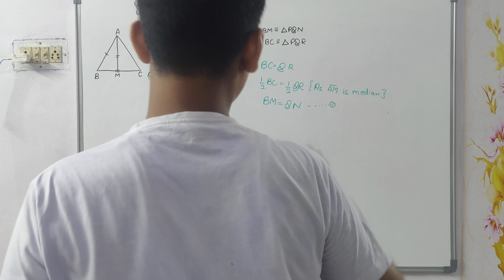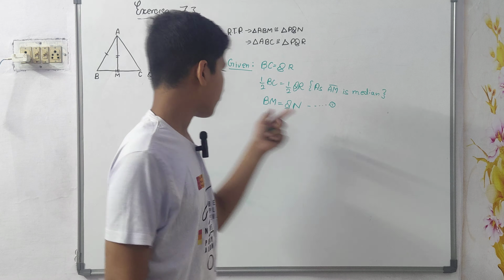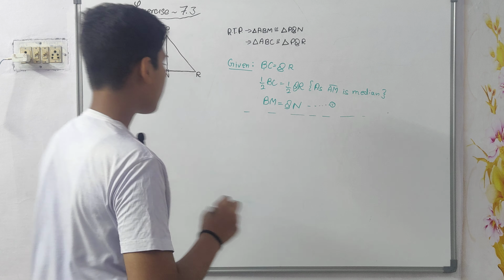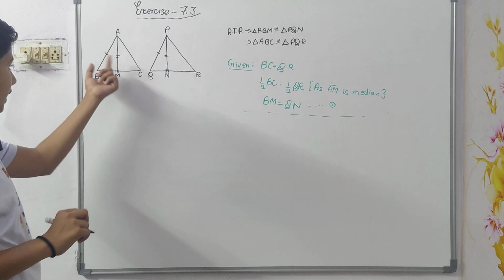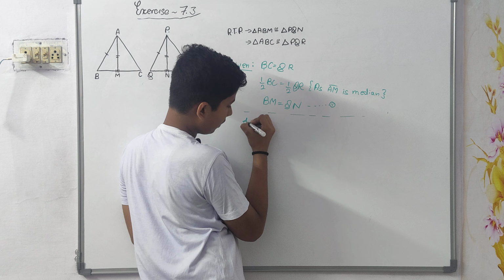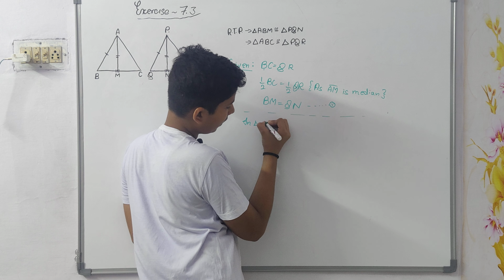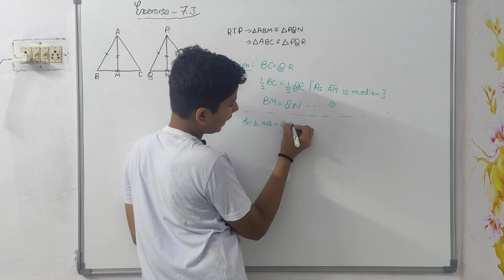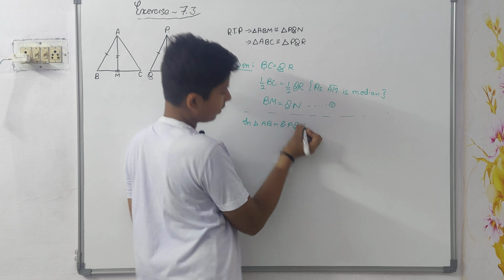I'll make it straight. Okay. Now we'll see in triangle ABM and PQN.